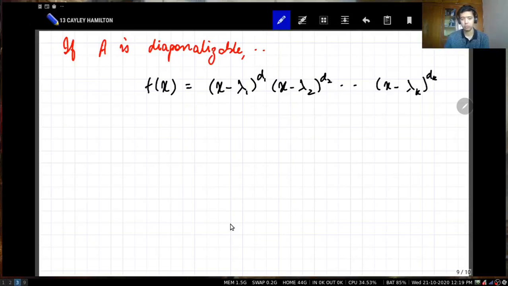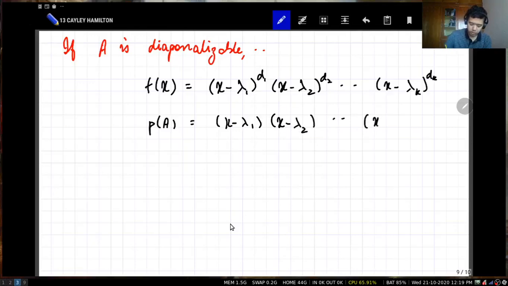Then the minimal polynomial for this matrix A, assuming that it is diagonalizable, turns out to be P of x equals (x minus lambda 1) times (x minus lambda 2) up to (x minus lambda k). So this will be the minimal polynomial for A.